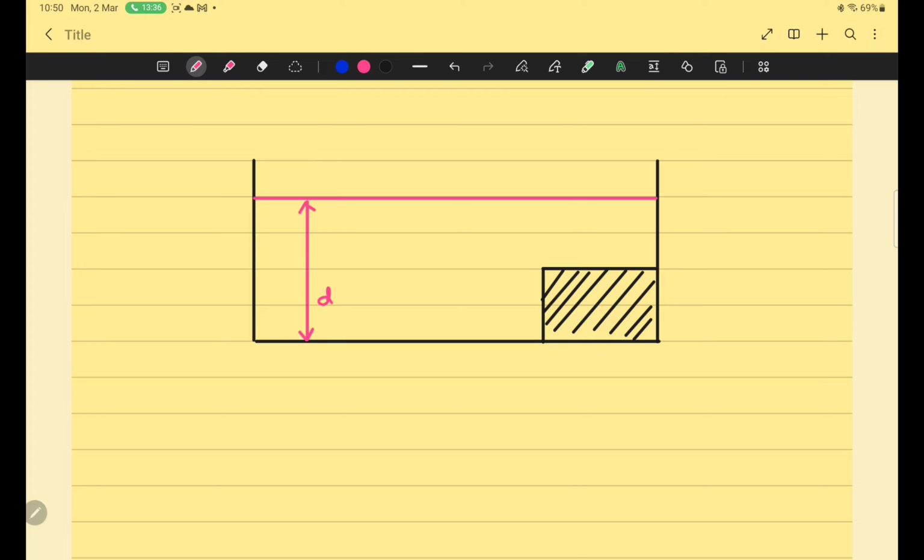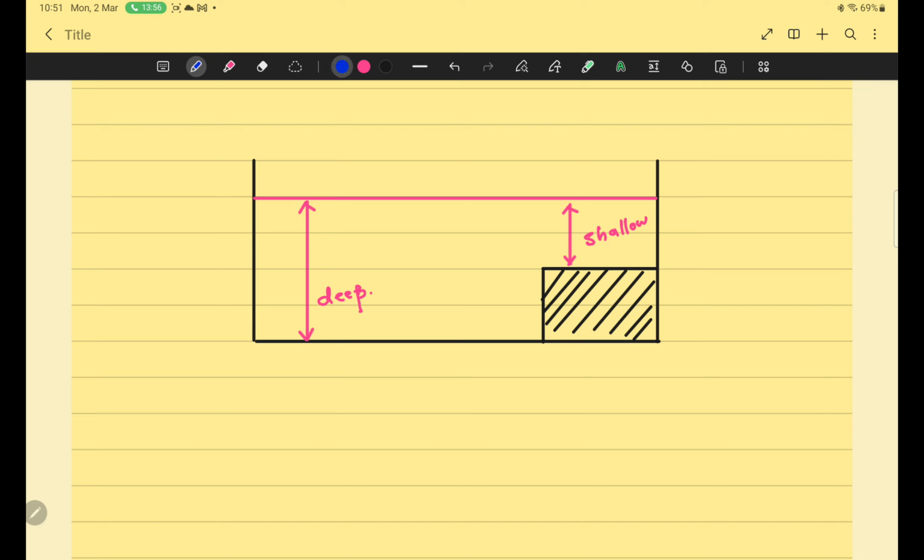So this region is called deep region, and this region where the depth is less is called shallow region. So there are two regions in this water tank: deep region and shallow region.